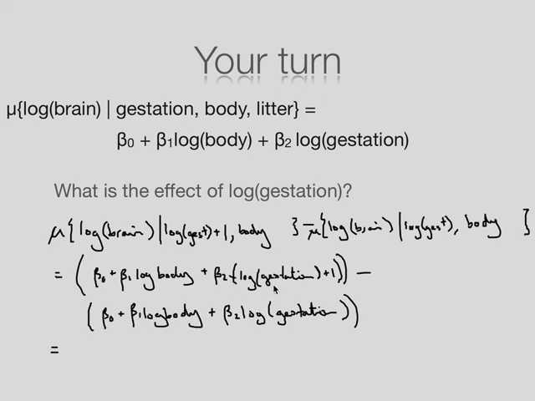And I know that beta 2 log gestation is going to cancel out with this beta 2 log gestation, but I'll still be left with that beta 2 up there. Everything else is going to cancel too. The beta 0 here will cancel with this beta 0. The beta 1 log body will also cancel with this beta 1 log body. So if you go through all that cancellation, you discover that the effect of log gestation is simply beta 2.